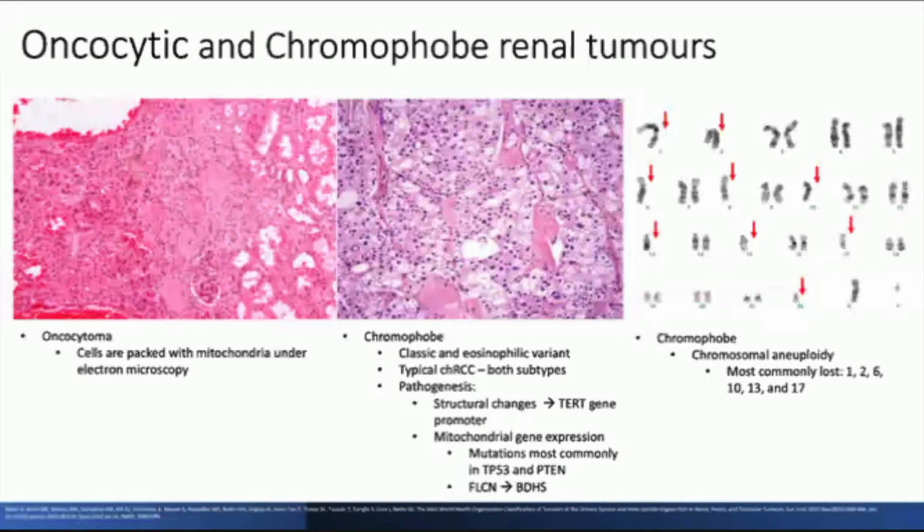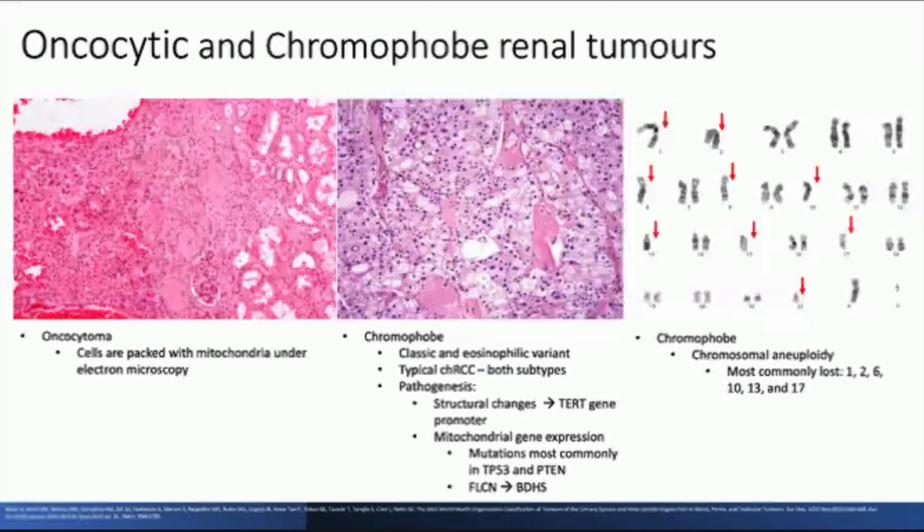And it's obviously very important to distinguish here oncocytoma and chromophobe tumors histologically, because this can significantly alter the clinical course when we perform renal mass biopsies.